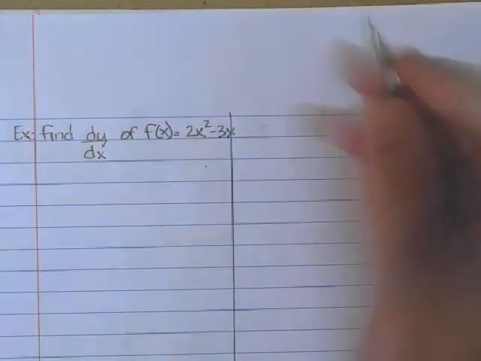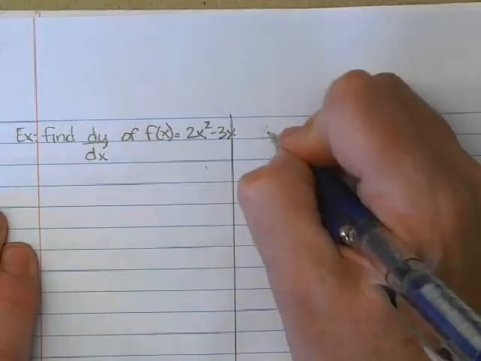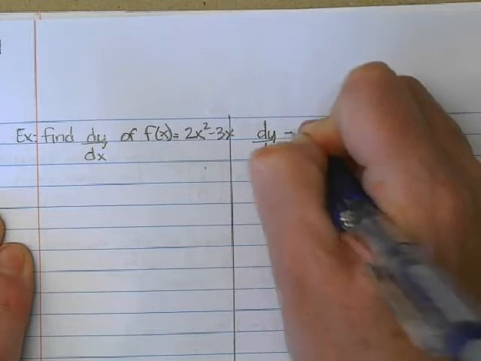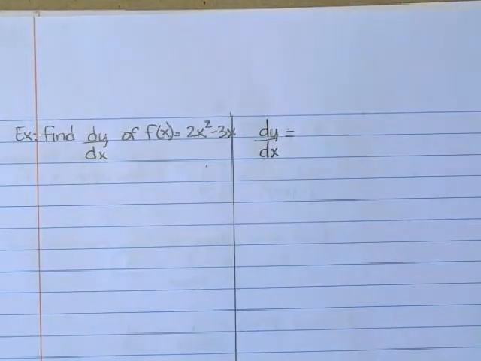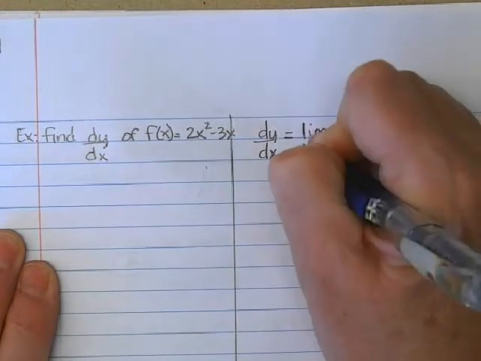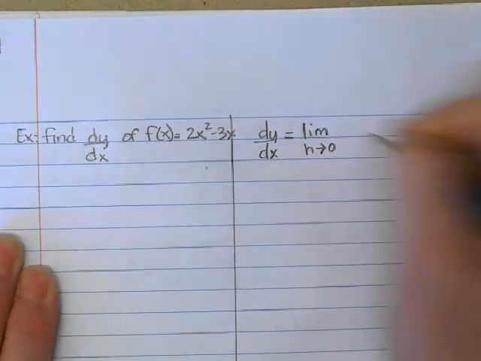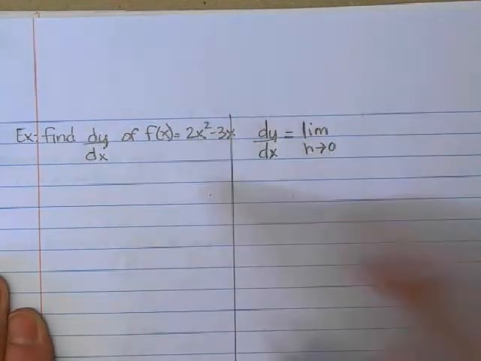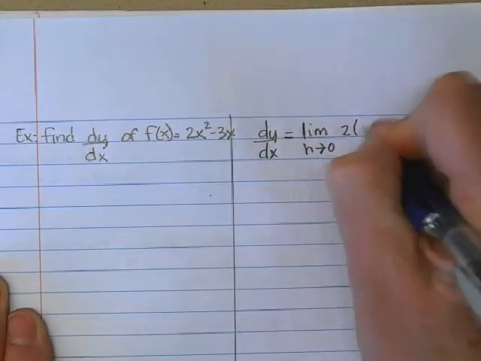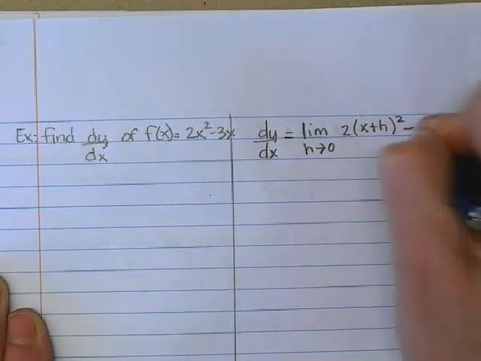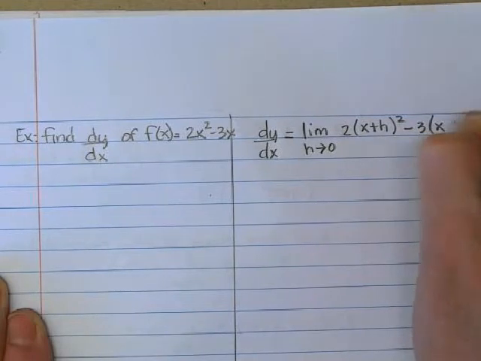Okay, so when you do this, it's important that your notation, you look at what they asked you for, and you're going to say dy dx equals. It's important that you have that there. So I'm going to say it's the limit as h approaches 0. In here, I'm going to go to that formula that we had. And I'm going to put x plus h squared minus 3.